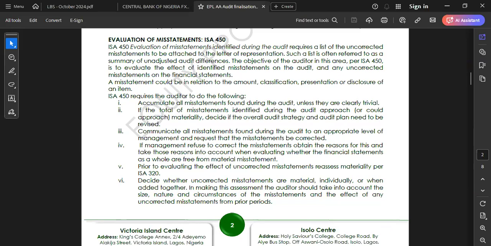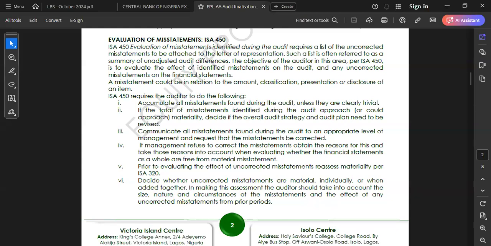So the second thing is that if the total of misstatements identified during the audit approaches materiality, then the auditor will need to decide if he needs to change the audit strategy or revise it. What we are saying here is that there is a materiality threshold set at 100,000. So anything below, the auditor is just documenting it, 20, 10, 5, as long as it's below.